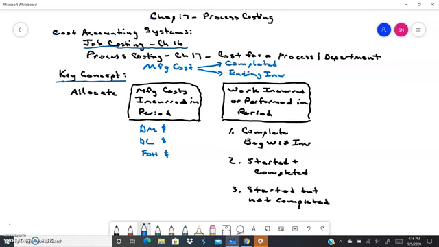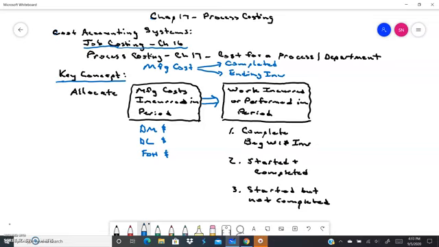And we want to be able to allocate those costs to the work that was performed in the period. If we can take the costs incurred during the period and match those up with the work done in the period, then we're going to be able to determine how much of the cost is allocated to completed units and how much of the cost is allocated to ending inventory.